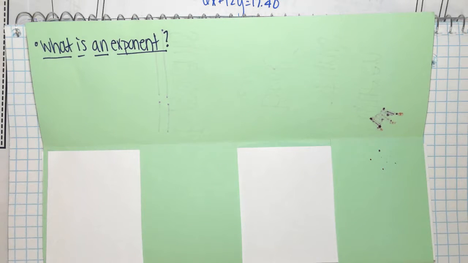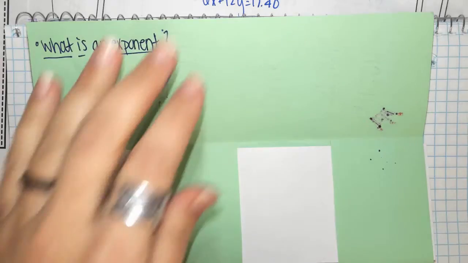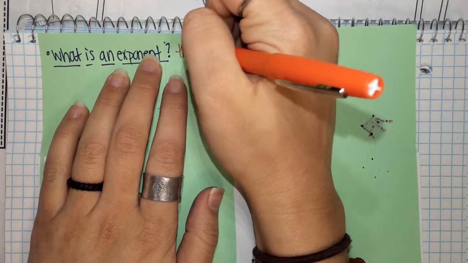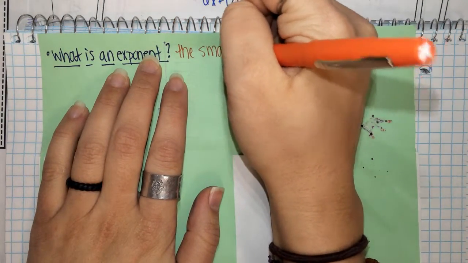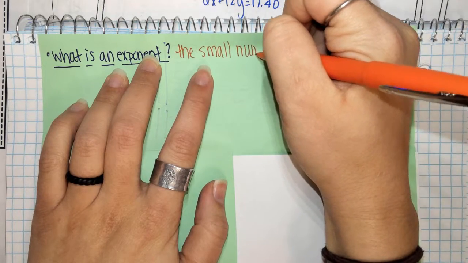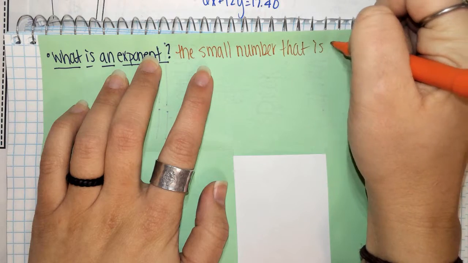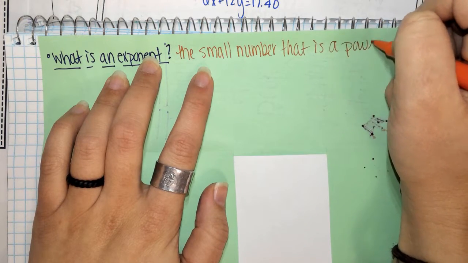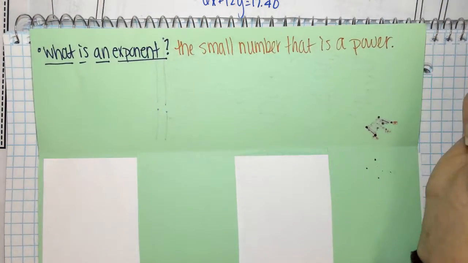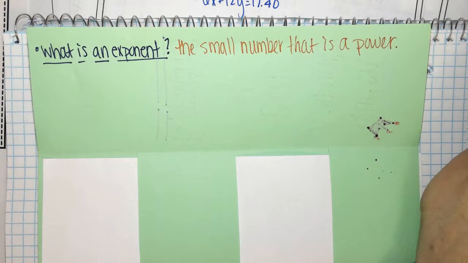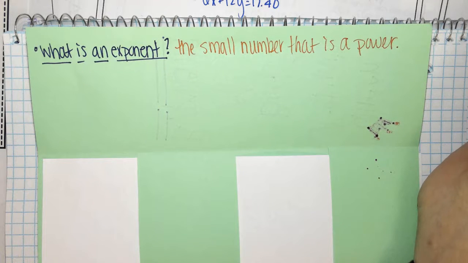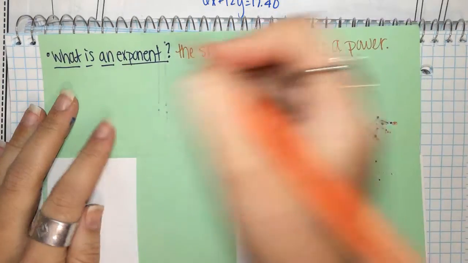It's a number, it's like another number for a certain power. So it's a power. It's the baby number, right? So it's the small number. That is a power. What does that power tell us to do? How many times to multiply the base by itself.